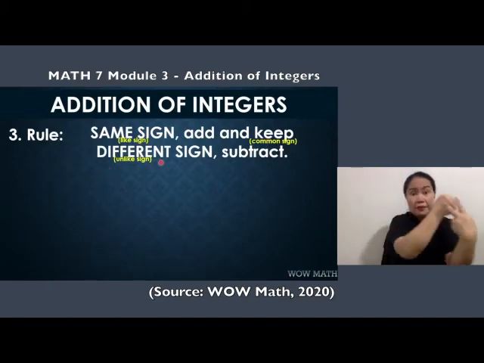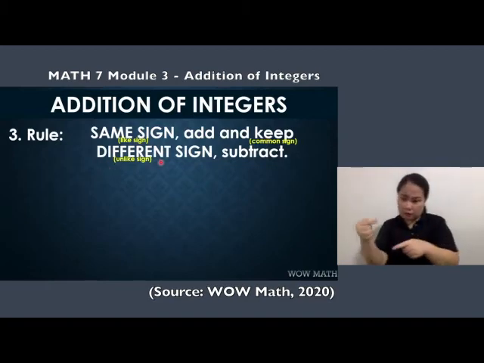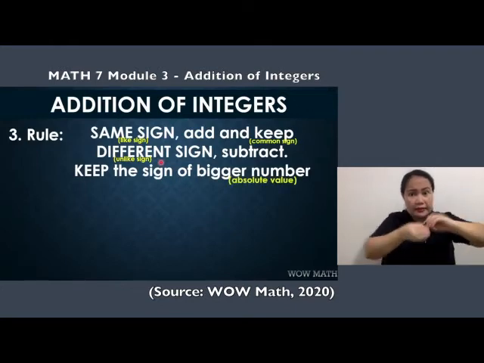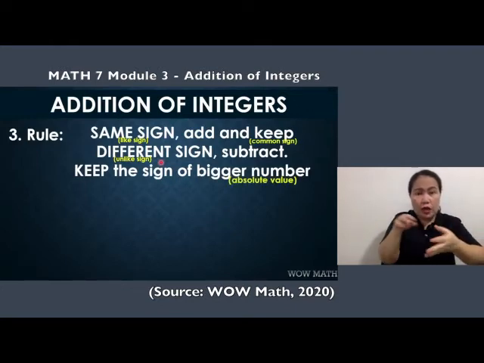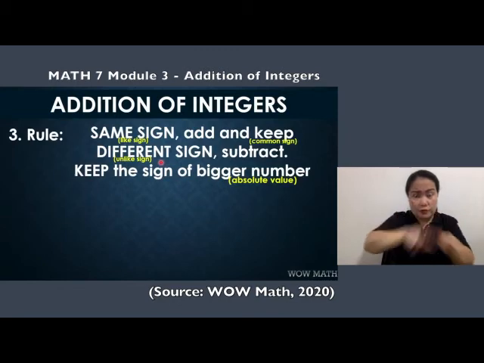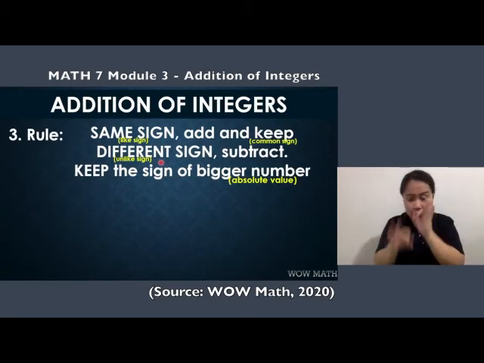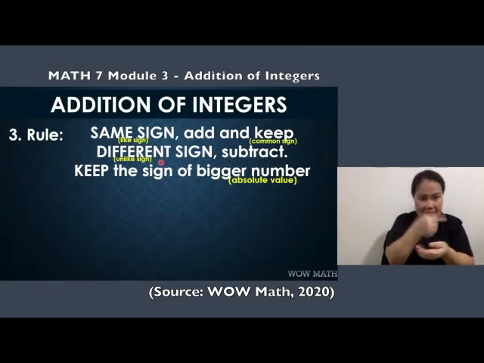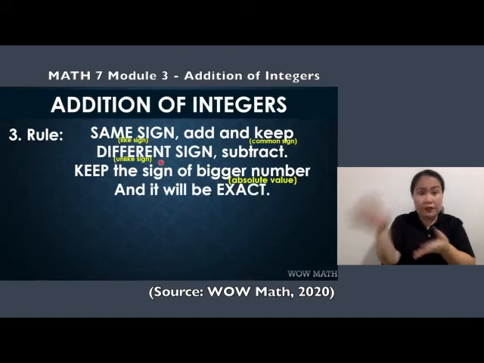Ano ang kukopyahin mo dyan? Magkaiba nga sila. So, keep the sign of bigger number. So, kukopyahin mo yung sign nung mas mataas na number o mas mataas na absolute value. So, since magkaiba sila, anong sign ang gagayahin mo doon? Kung ano yung sign ng mas mataas na number so that your value or your answer will be exact. Okay.